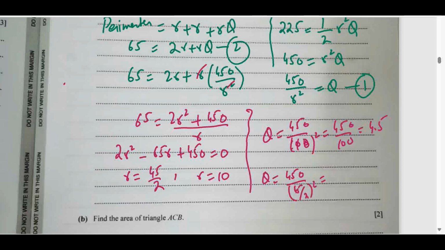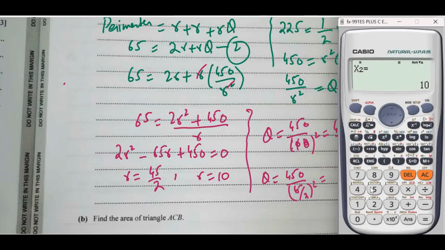So from here we will get 450 divided by 45 by 2 whole square.